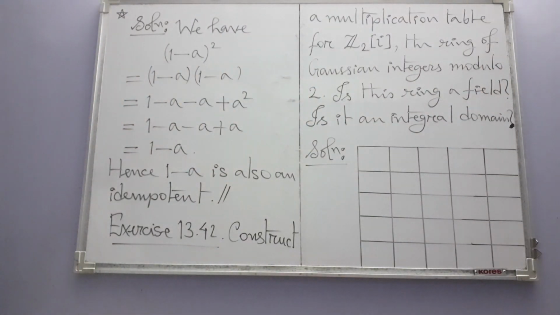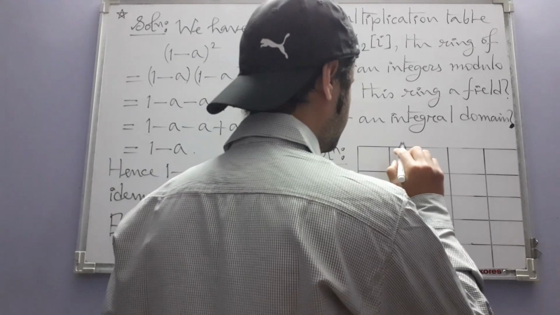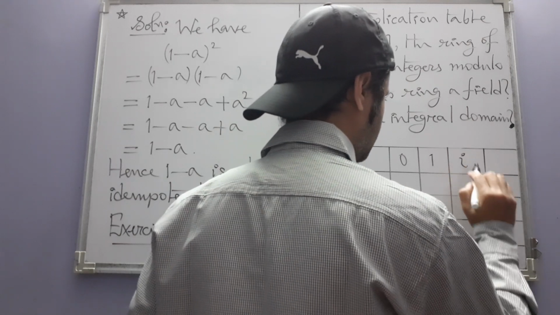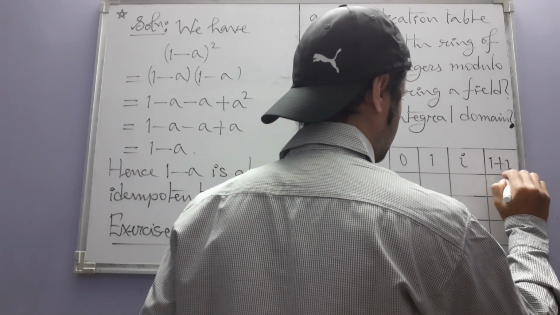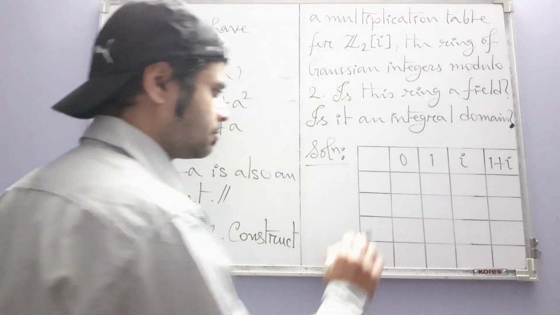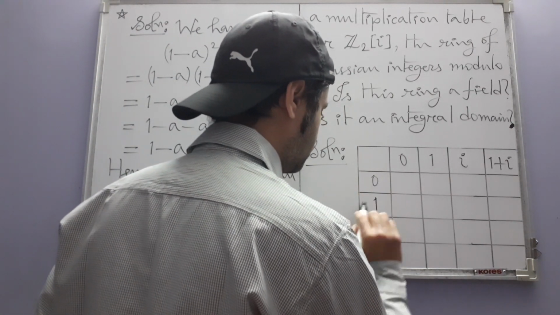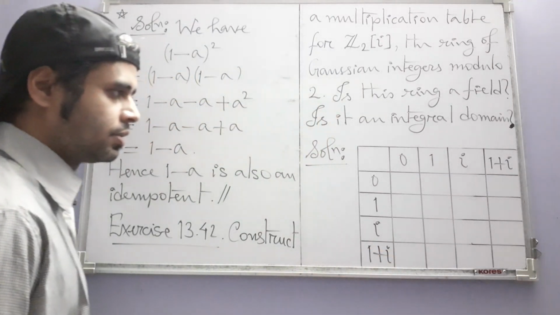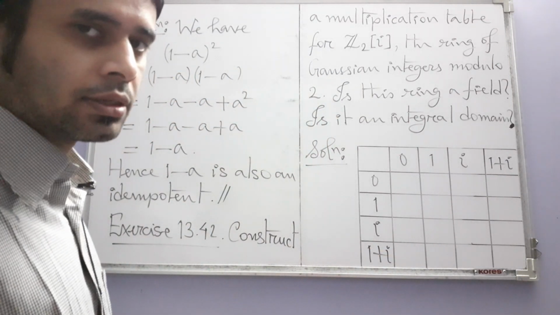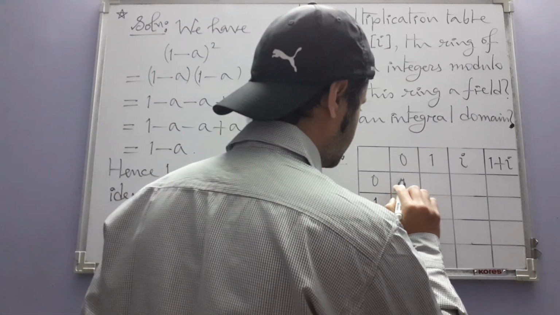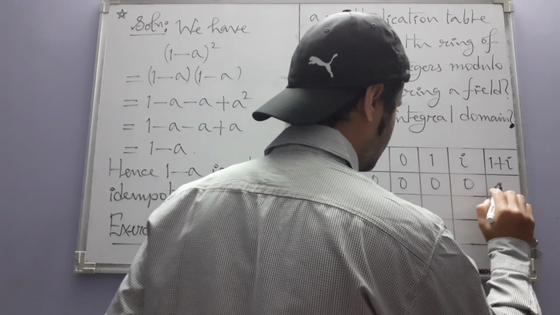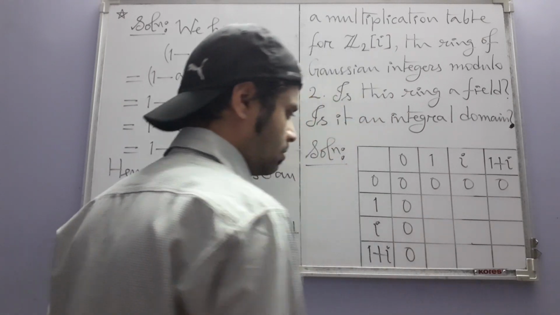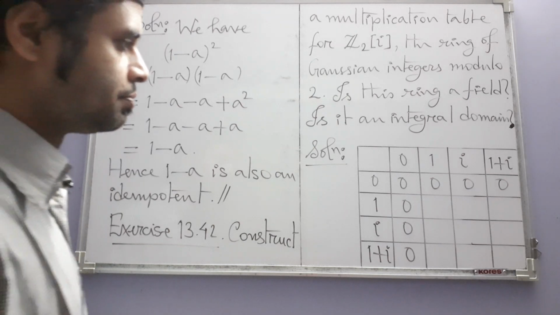So the elements in this ring are these 4 elements: 0, 1, i and 1 plus i. Multiplying anything with 0 is going to give us 0. So the first row consists entirely of 0, and so is the first column.